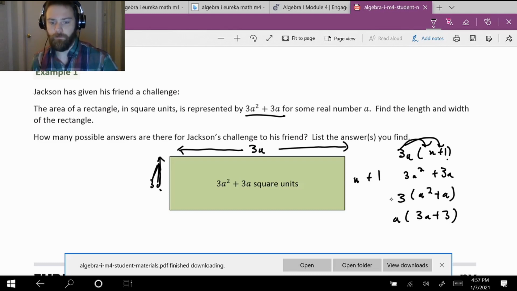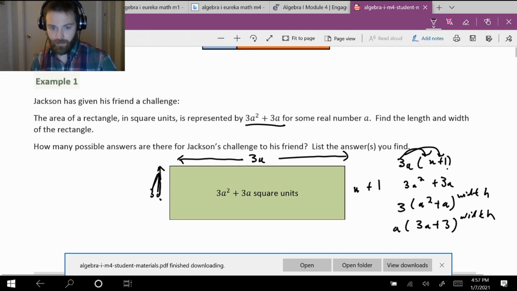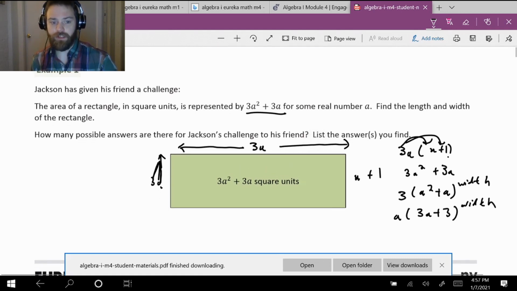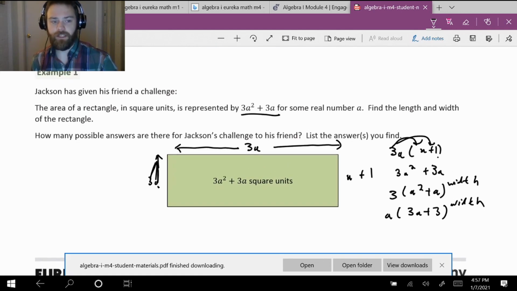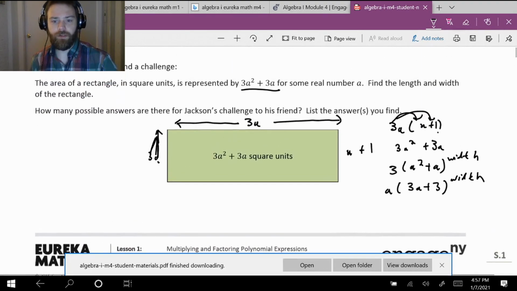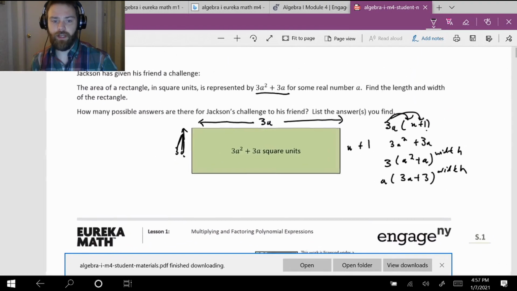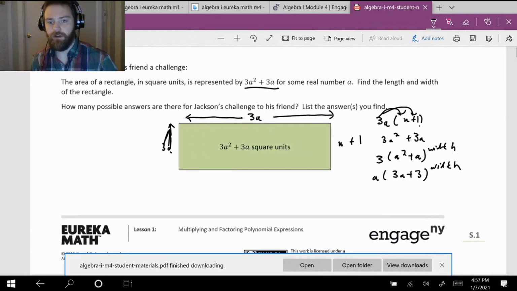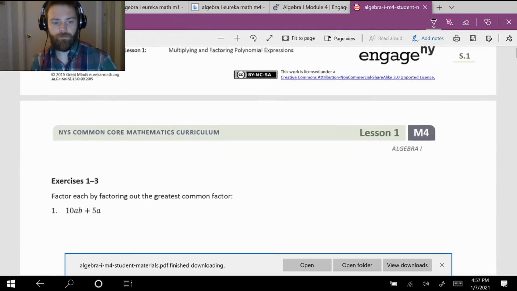So there's a few possibilities here, but this is the first place that you see that a GCF can be taken out. So in this case, the GCF is 3a. It's the highest value you can undistribute from every term.